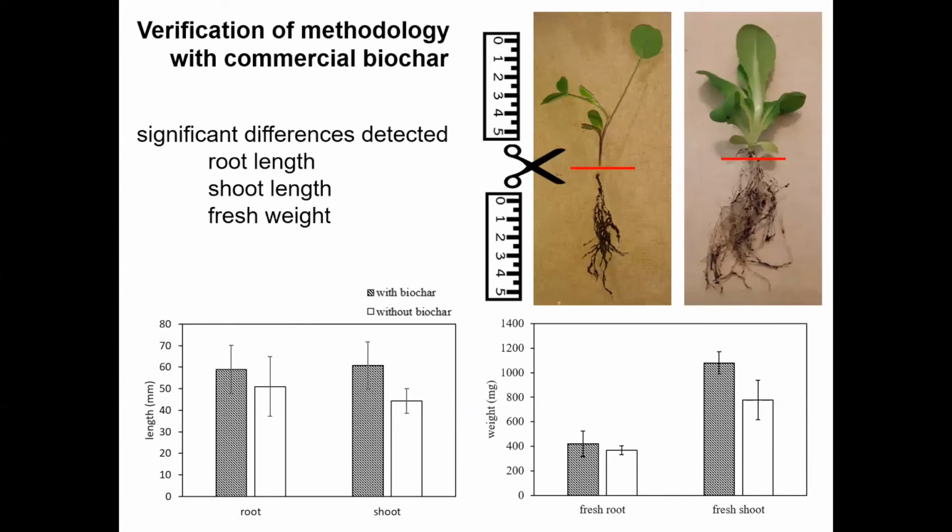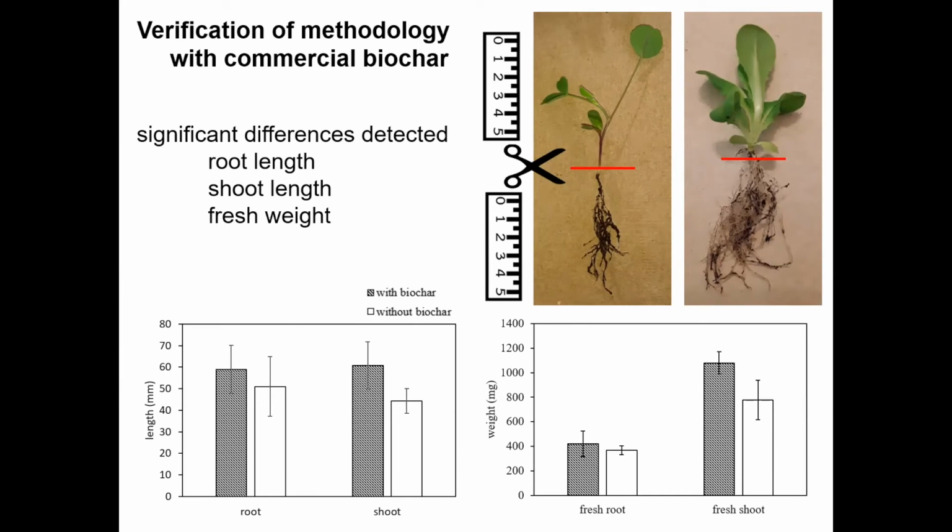Then we also have a significant difference detected when we look at root and shoot length, as well as fresh weight, which you can see here in the graphs. I'm not going to go into detail due to time constraints, but we measure the size of the shoot and the root, then we cut and dry them. We weigh them first, and then again when they're dried.